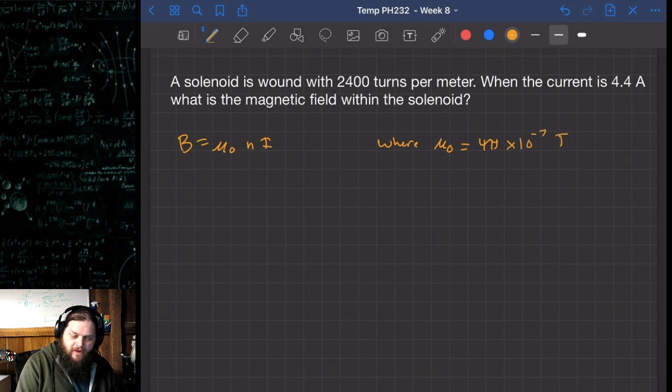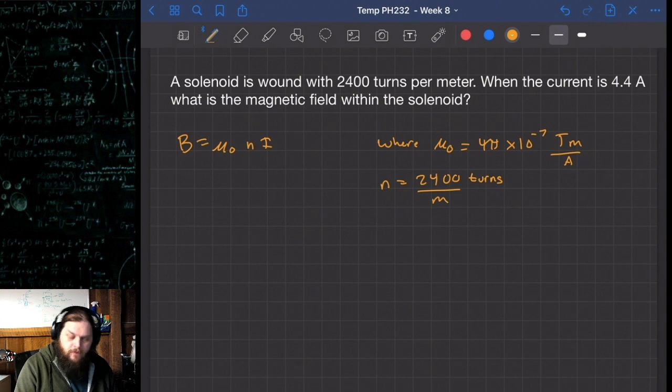The units for that is Tesla meters per amp. n is going to be equal to 2,400 turns per meter, because remember, that's turns per length. And our current is equal to 4.4 amps.